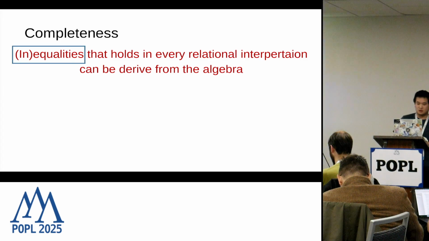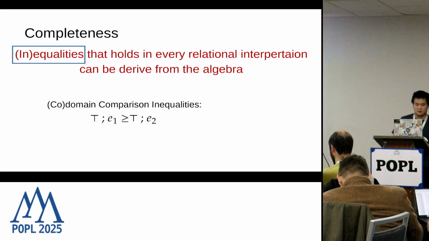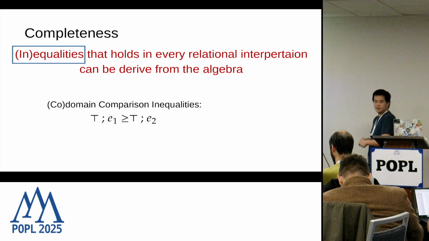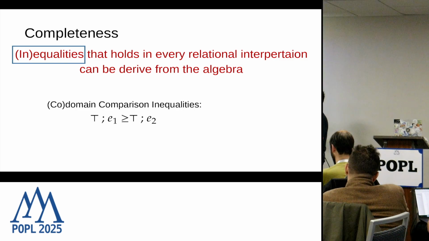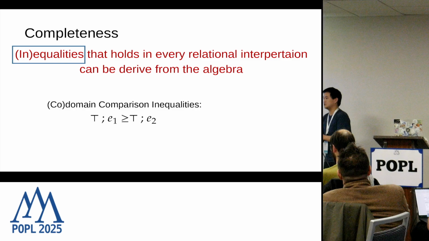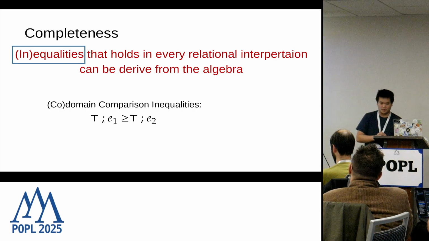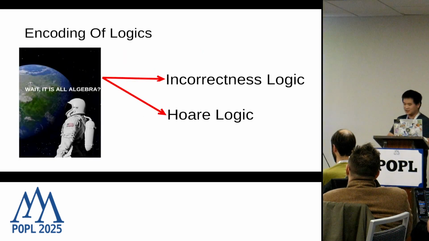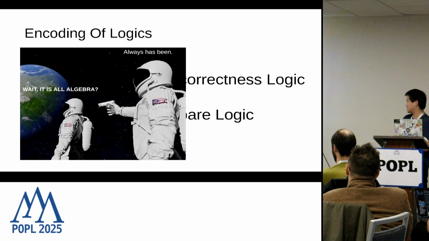So we later showed that if we restrict the inequalities that we are looking at to codomain and domain comparison inequalities, which are like pre-composition with top or post-composition with top, then we can actually prove the completeness by using the language interpretation or the complete interpretation. And finally, we can say always has been.